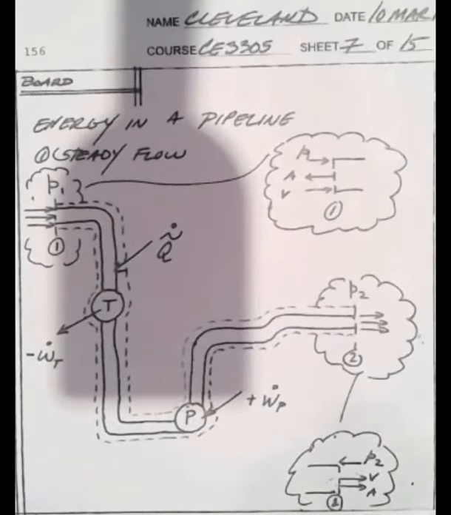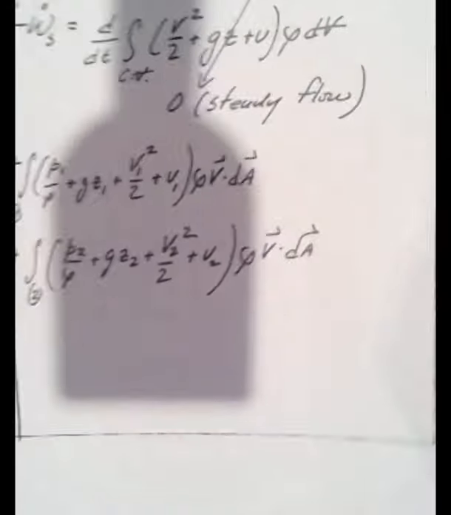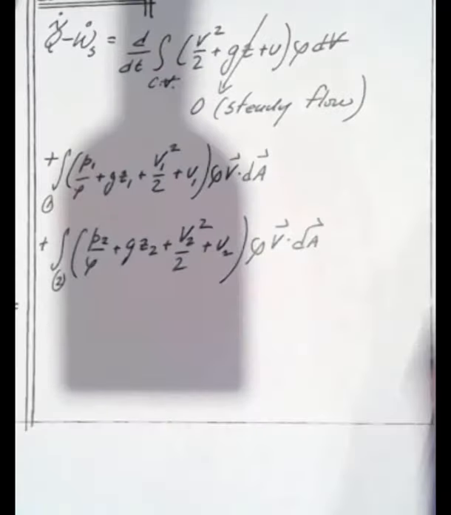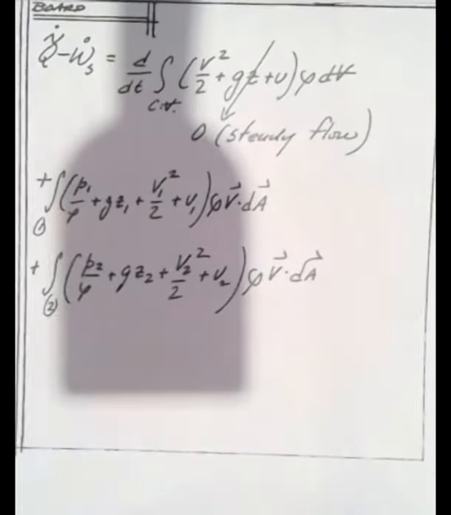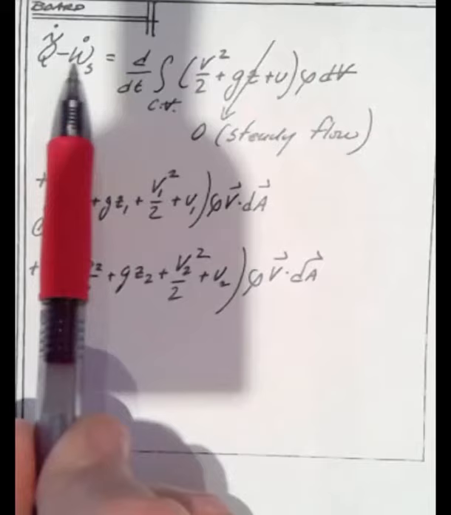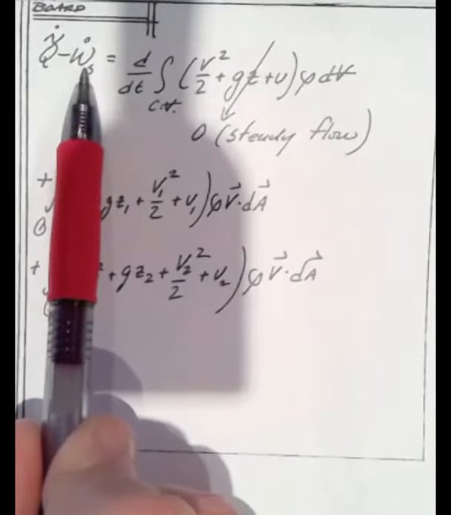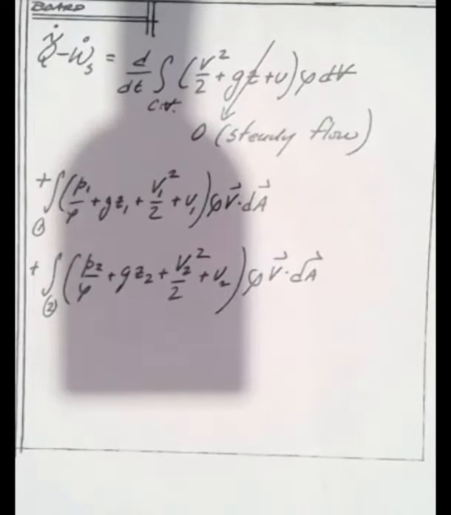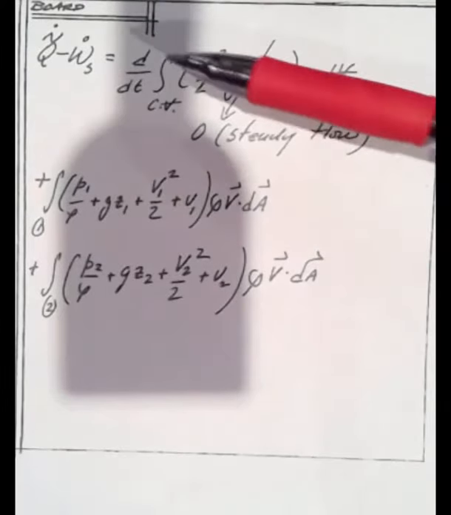If we write the energy balance for this sketch, it will look something like this. Heat flux in along the system minus the net shaft work. In this case, the shaft work is the pump work minus the turbine work. The signs confuse me sometimes.